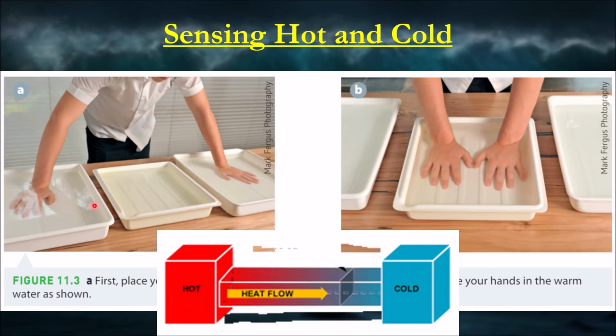Imagine you have 3 tubs of water: one is really hot, one is really cold, and one is just average room temperature. In the hot water, you'd feel really hot. In the cold water, you feel really cold because heat is being taken away from your hands. In the hot water example, heat energy is being transferred into your hands.